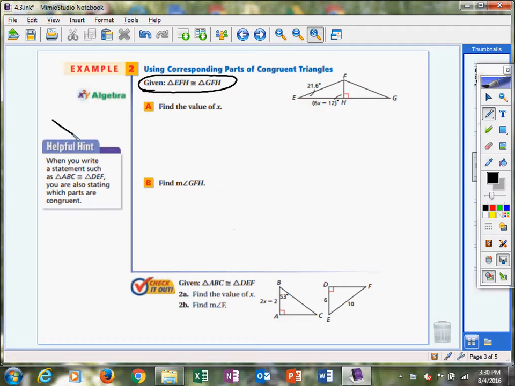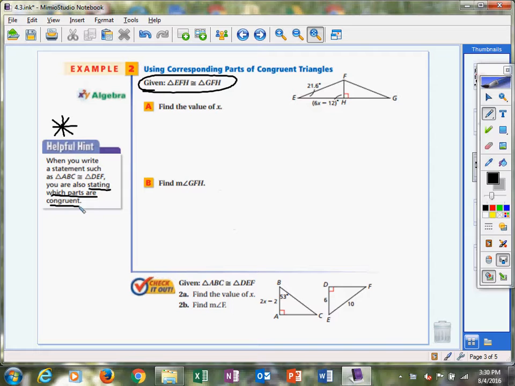This helpful hint was really good when I just looked at it. It says when you write a statement such as triangle ABC is congruent to triangle DEF, you are also stating which parts are congruent. So those congruency statements tell you a lot.